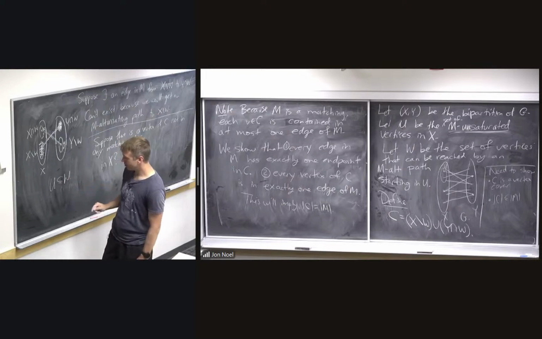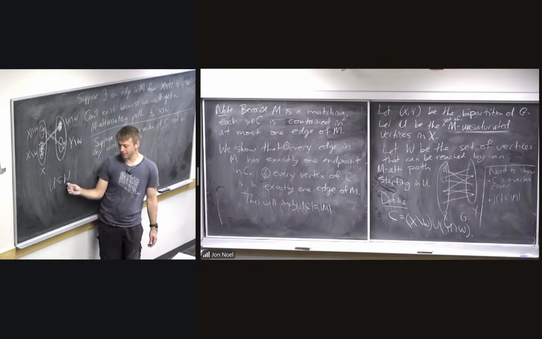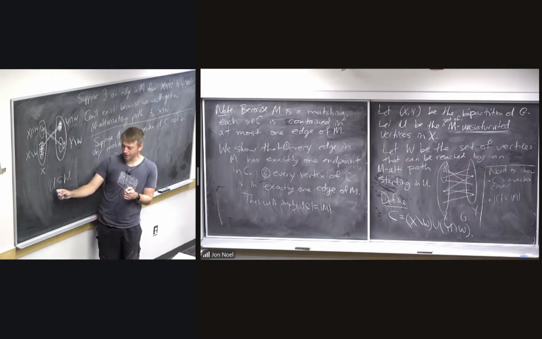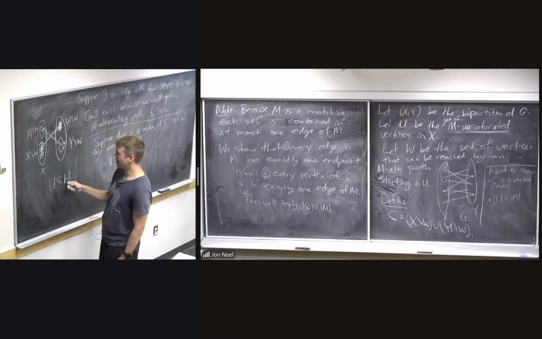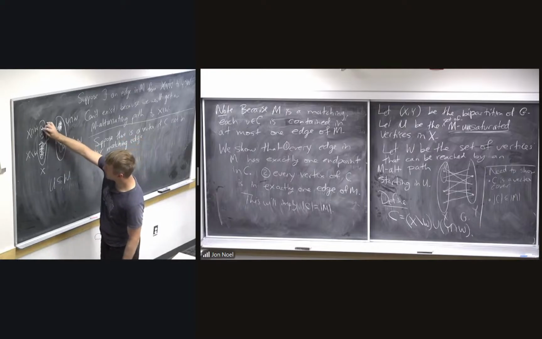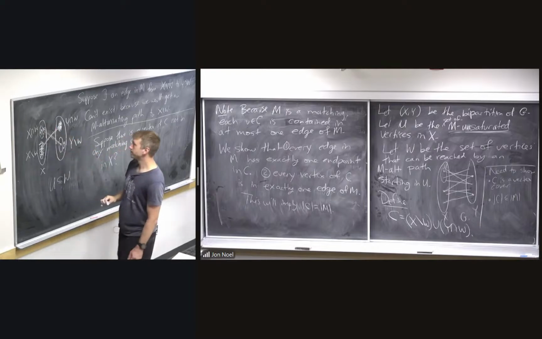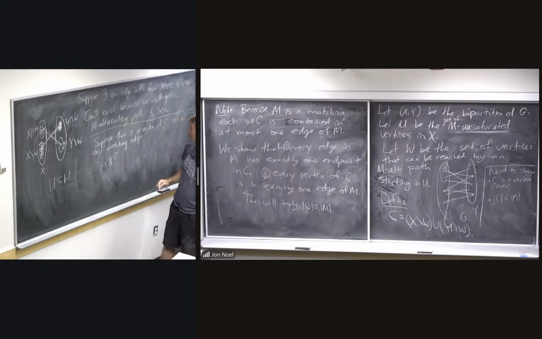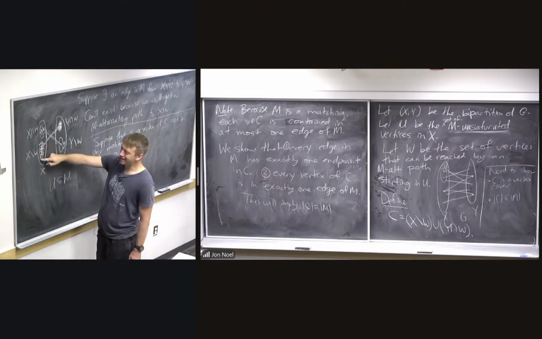Hopefully it's clear that U is a subset of W, because U is the things that are unsaturated in X, and W is the things you can reach from U with alternating paths. If I take an alternating path of length 0 from U, I just get the vertex of U. So the vertices of U live up here, and the unsaturated vertices are here. They're in W.